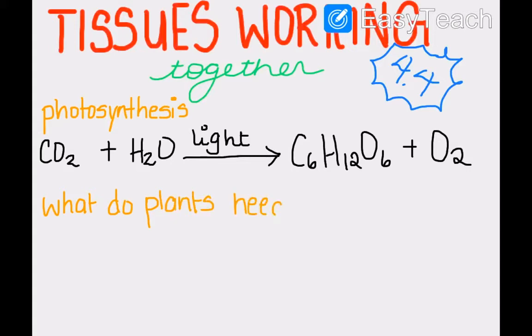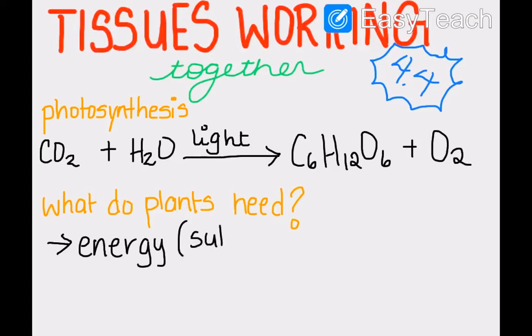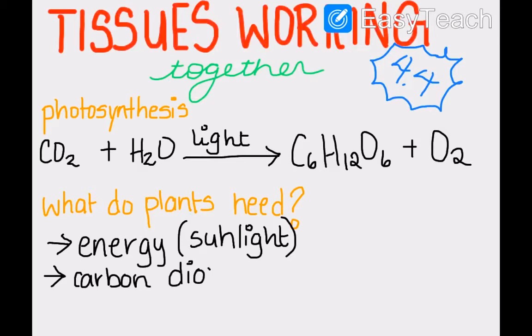Pretty easily, the three things that the plant requires in order for this reaction to occur is, 1, light energy, or sunlight. Secondly, it needs carbon dioxide, right? That's why plants, when they're exposed to the atmosphere, take in that carbon dioxide, CO2, and produce and release oxygen.